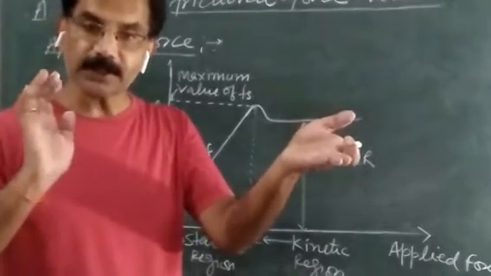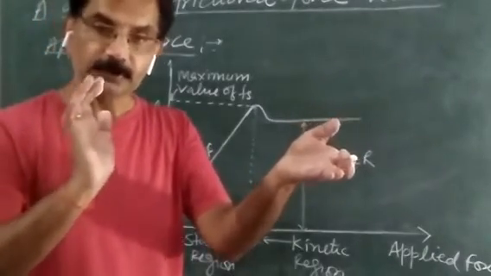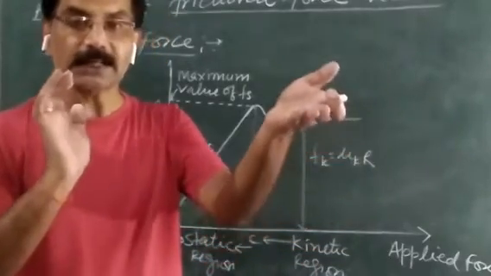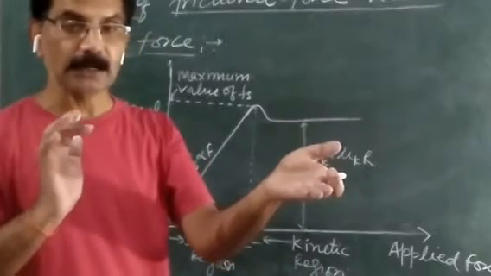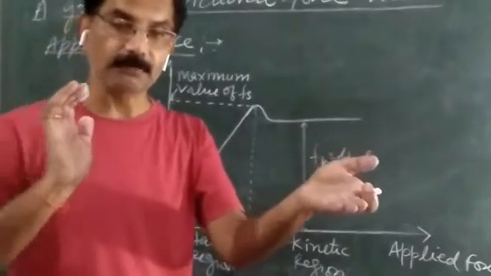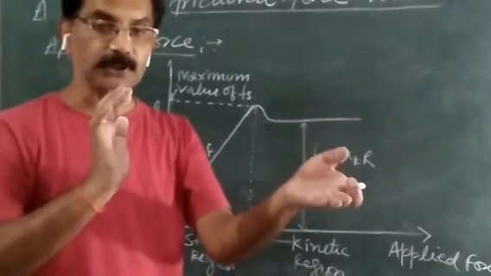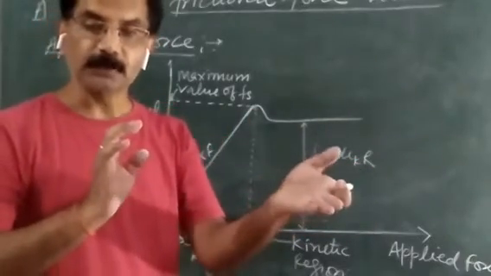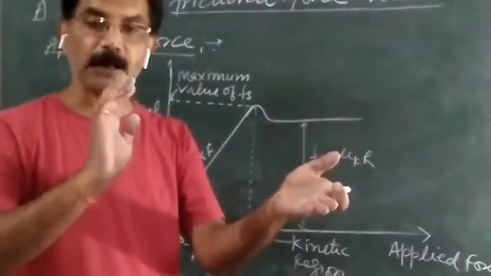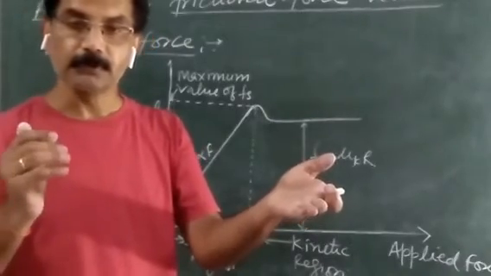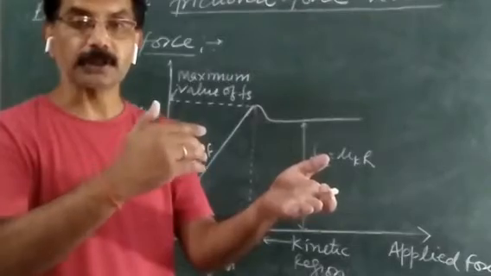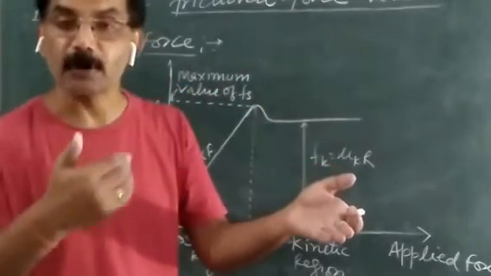So as we increase the applied force, initially the static frictional force automatically increases. As we explained, suppose we apply a force F1, the frictional force is small f1 and the body is at rest. When the external force increases from capital F1 to capital F2, and suppose the body remains at rest, it means the frictional force increases from small f1 to small f2.